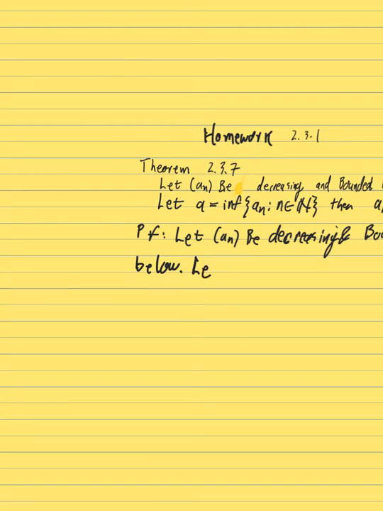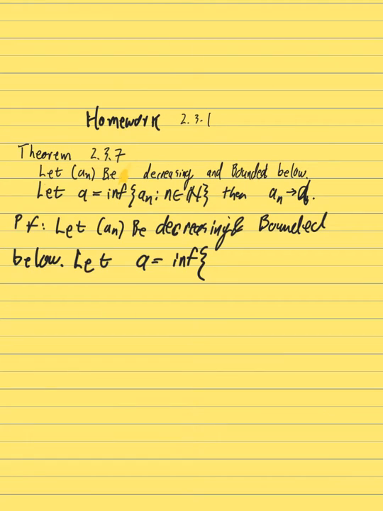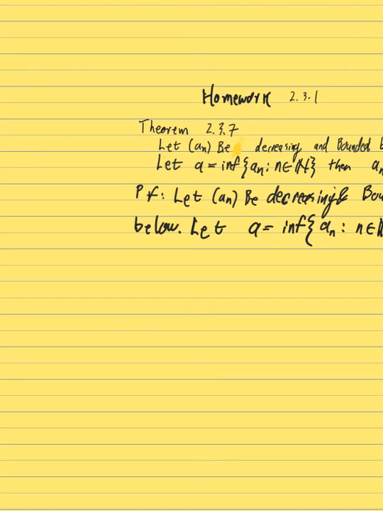We need to let A be the infimum of the set of all things that look like A sub n, where n is in N. We want to show that A sub n converges to A.